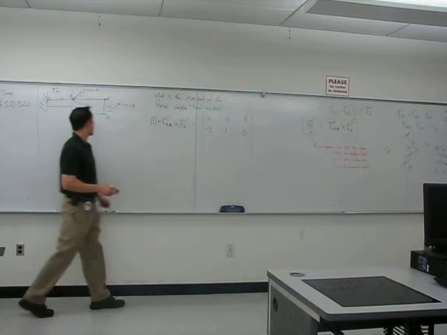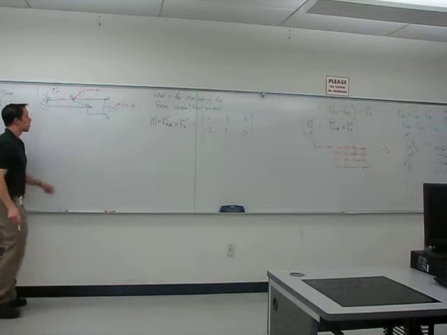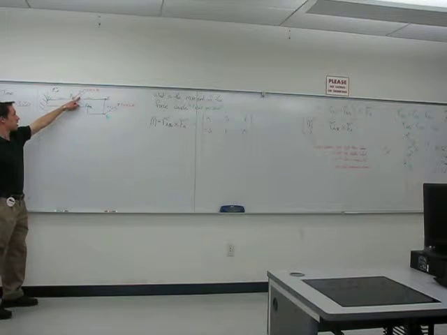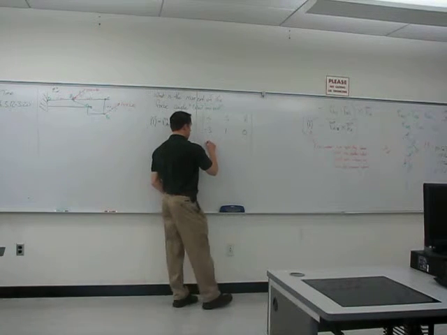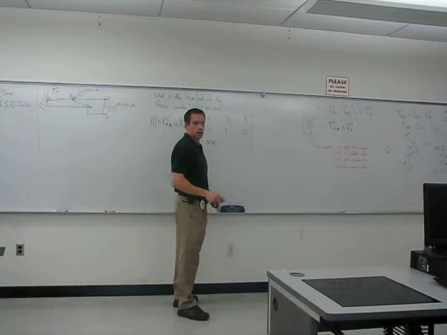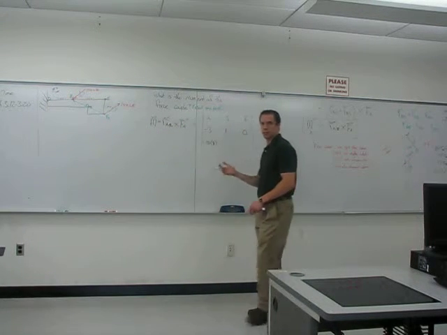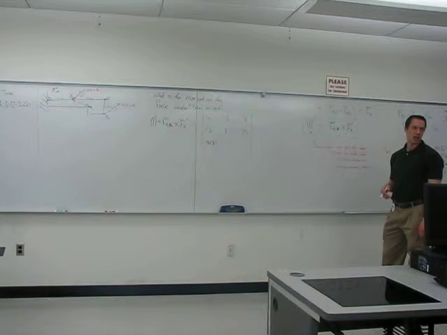And then I want the cosine of the angle here, which would be adjacent over hypotenuse, so 4/5. So I have 150 times the cosine of that angle, which is 4/5. If you multiply that, I think it's 120, so negative 120.